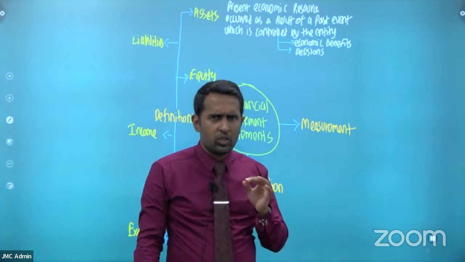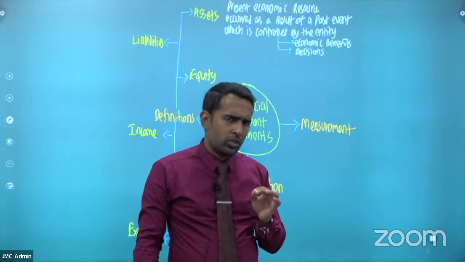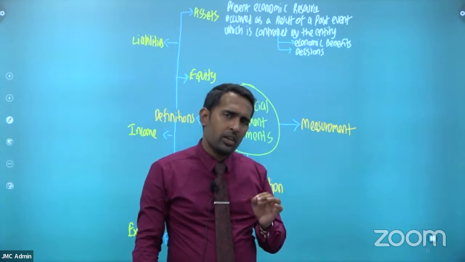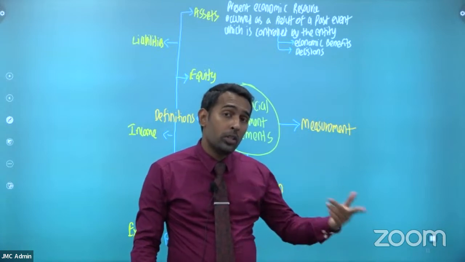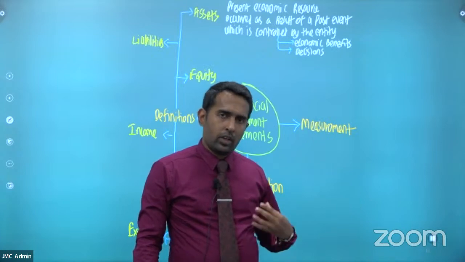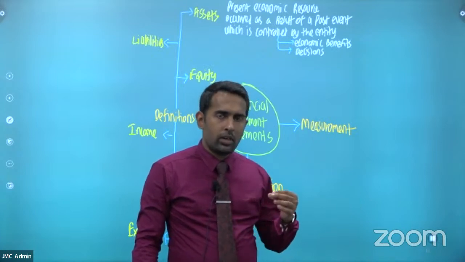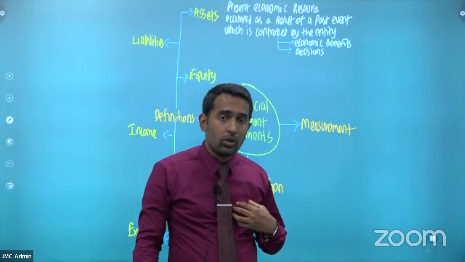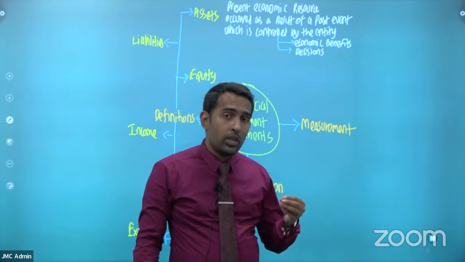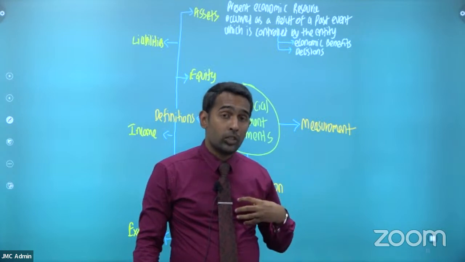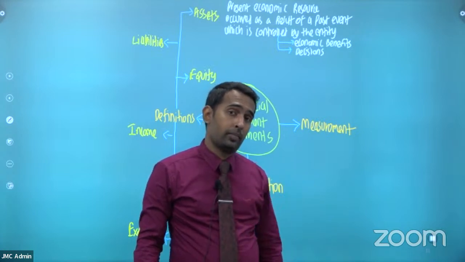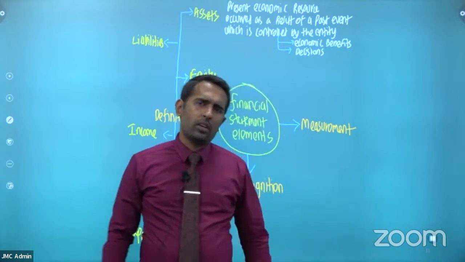For example, if it is your vehicle, you are using it, you are getting the comfort, you are earning the rental income, and you have the right to avoid other people enjoying the same benefits. If without your permission another person is renting out your vehicle, you can take actions, no? If somebody else is selling your vehicle without your permission, then you can take actions. That means you are controlling it. And you are taking the decisions, right?